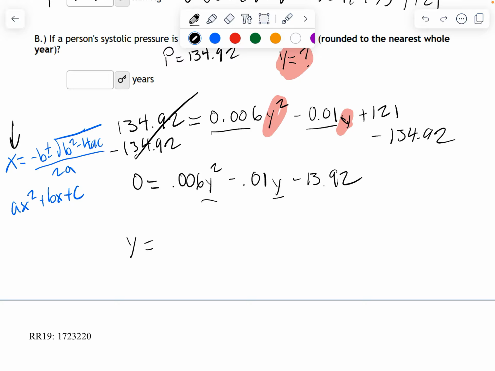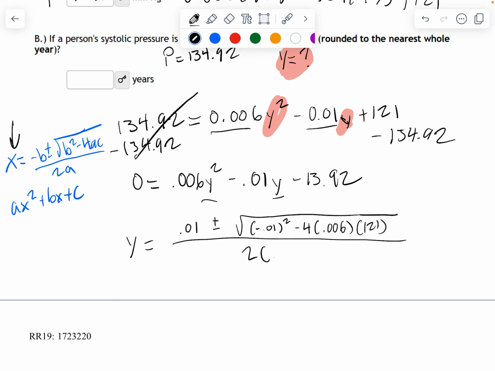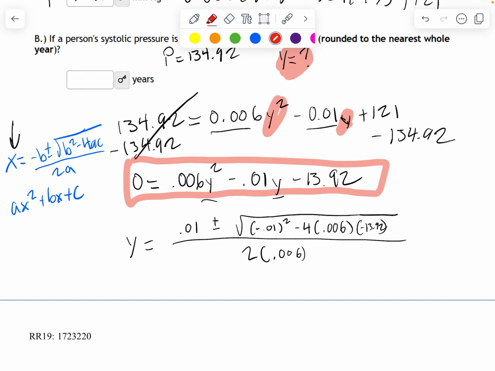So here we have negative b, so negative of my negative 0.01, so positive 0.01, because the negative and negative make it positive, plus or minus the square root of b, negative 0.01 squared minus 4 times a, 0.006 times c, 121, all over 2a, 0.006. Oh, whoops, I looked one line too high. That is our negative 13.92. Let me highlight that. That's where all our numbers should be coming from.